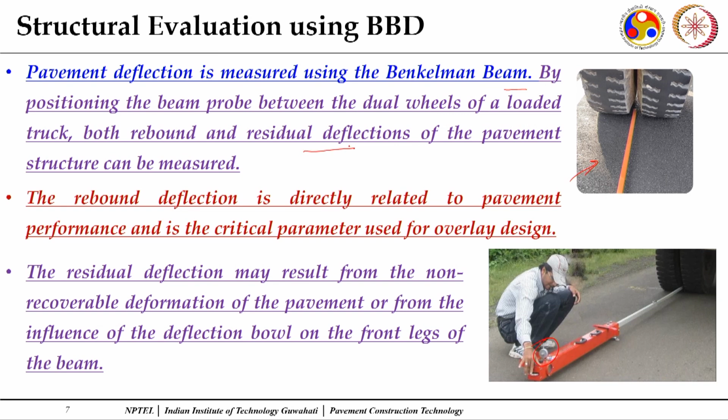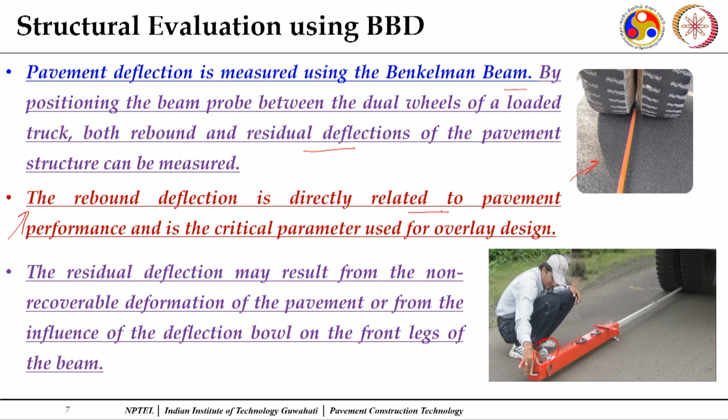Both rebound and residual deflections can be captured in this particular study, but what we require for this particular exercise, specifically the overlay thickness determination, is the rebound deflection, which is directly related to the pavement performance and is a critical parameter used as per IRC 81 for the design of overlay thickness for flexible pavements.